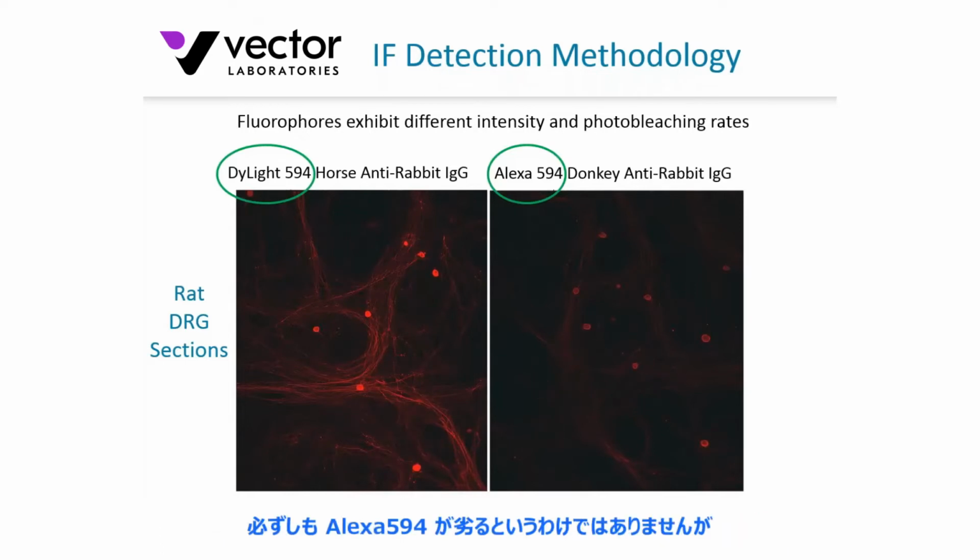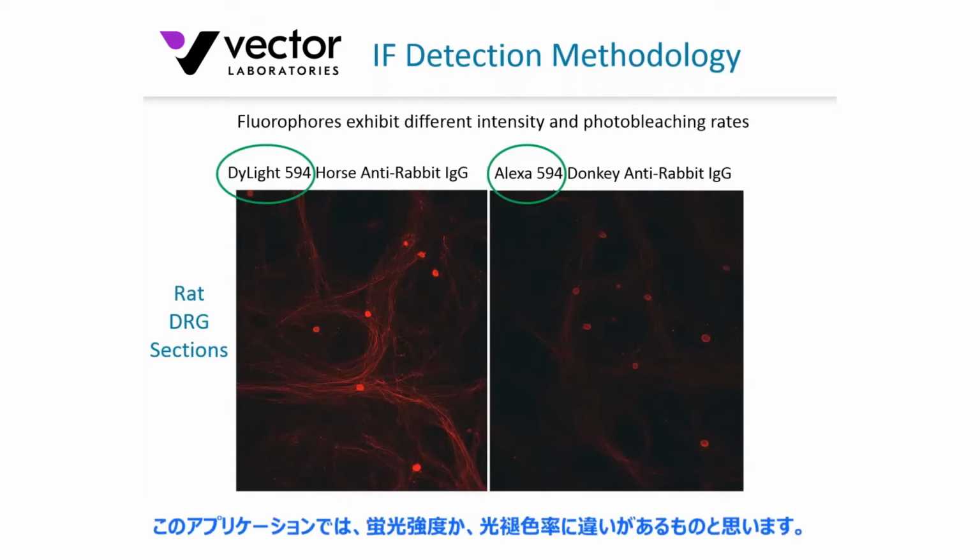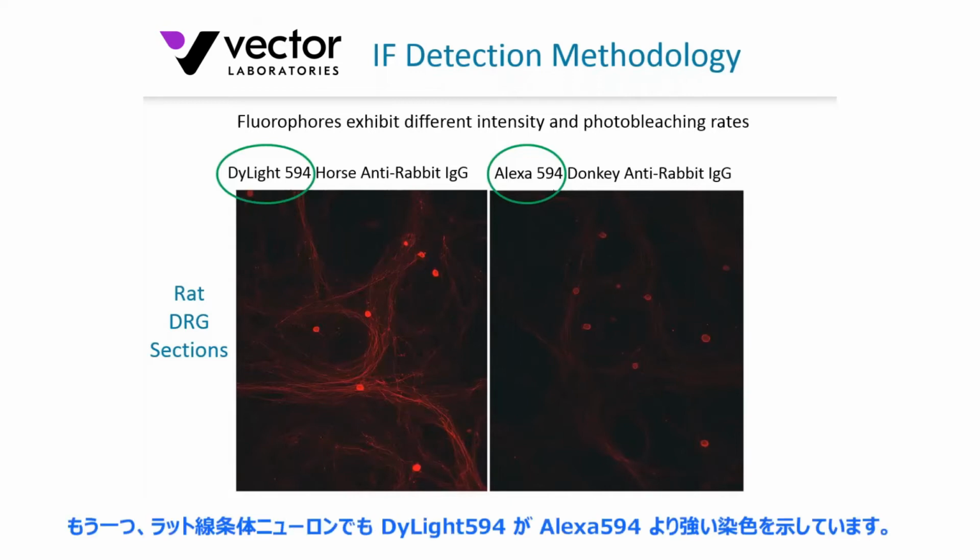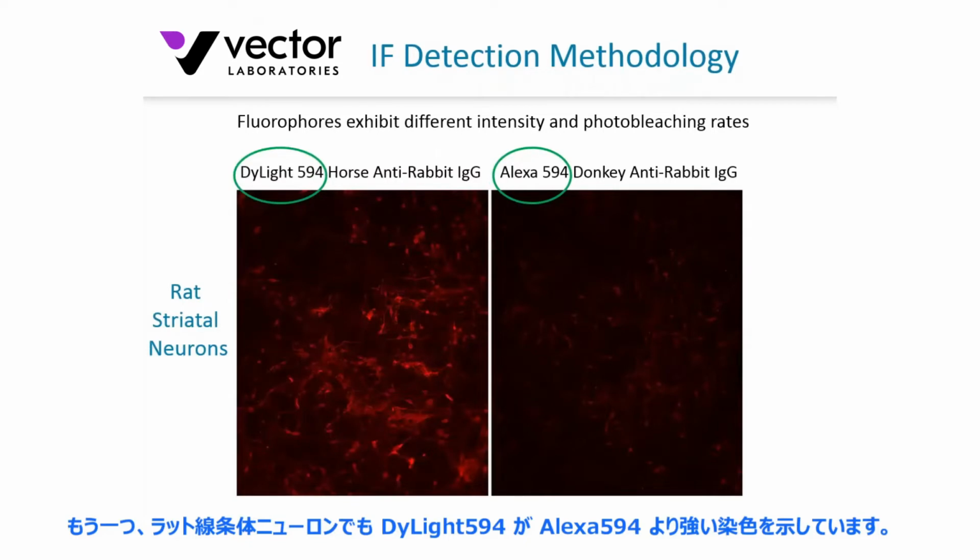I'm not necessarily saying the Alexa dye is inferior here, but it might be showing different intensity or at least photo bleaching rates in this given application. So you will have to be a little flexible in your selection of fluorophores. I've got another example showing something similar again, rat striatal neurons. It looks like the DyLight 594 is showing more robust staining over the Alexa 594.